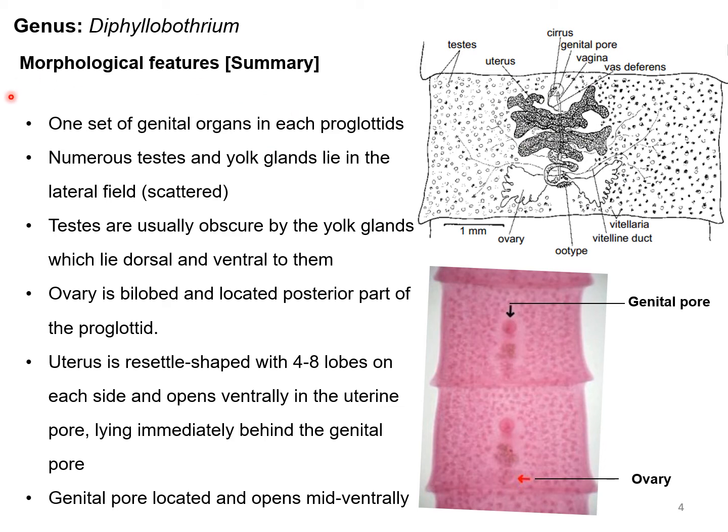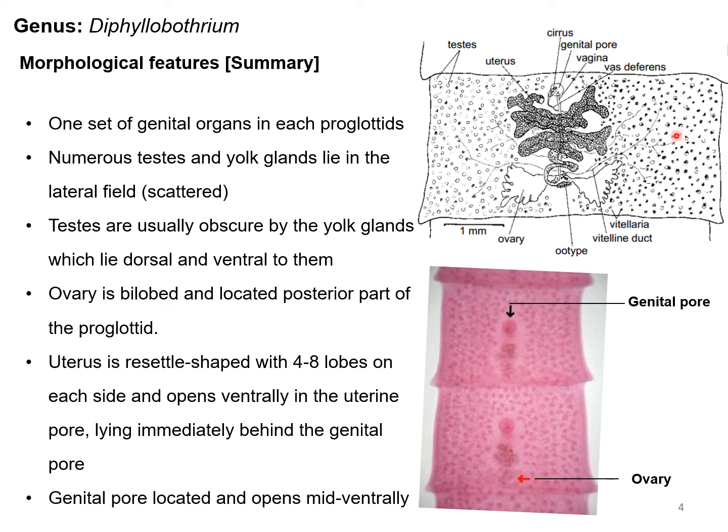Another important feature is one set of genital organs located in each of the proglottids. You can see there are different male genital organs and female genital organs located in this segment, and there are numerous testes and yolk glands lying in the lateral field.